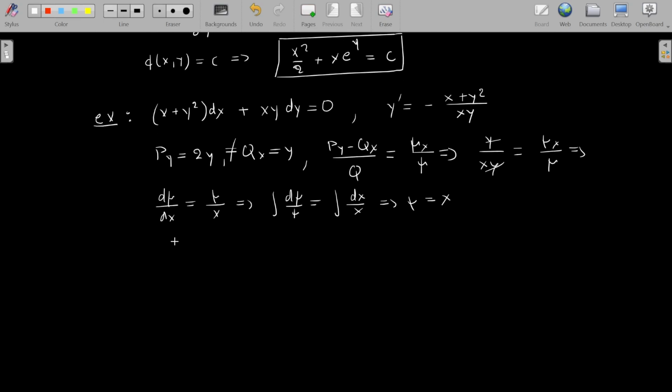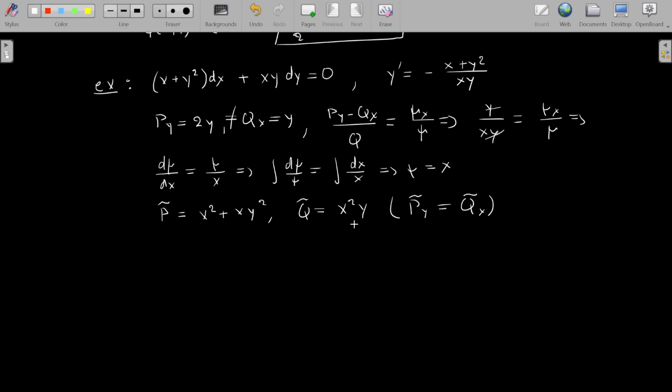Now you can easily check this is the new P, which is the integration factor times the old P. So it's going to be x squared plus x y squared, and Q tilde is going to be x squared y. You could check that P tilde_y is indeed Q tilde_x, and hence this is a truly exact differential, right?